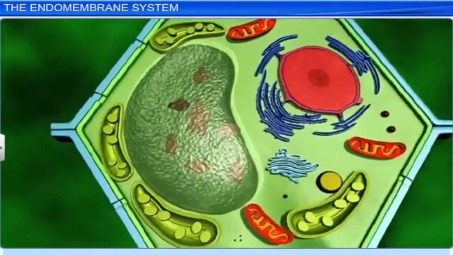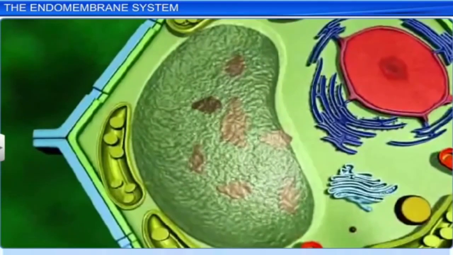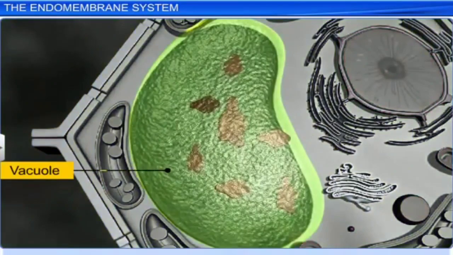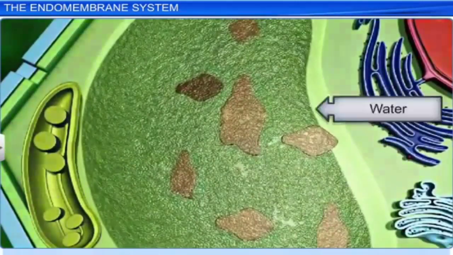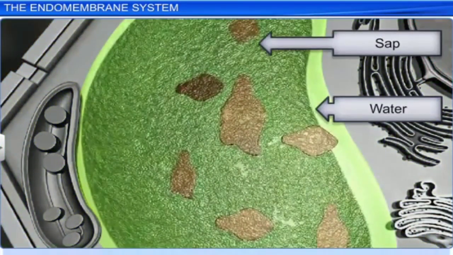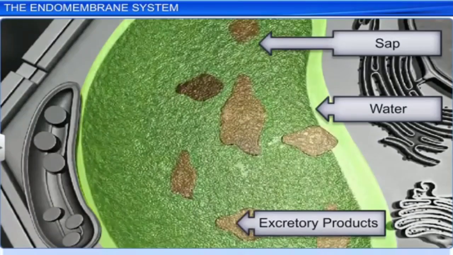Apart from lysosomes, the endomembrane system also comprises vacuoles, enveloped in a membrane called tonoplast. A vacuole contains water, sap, excretory products, and other materials not useful for the cell.